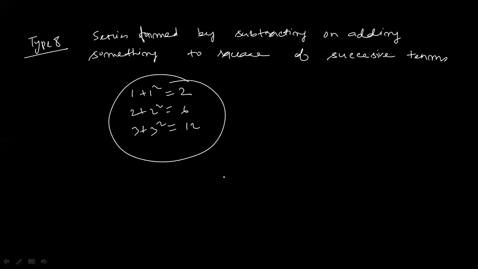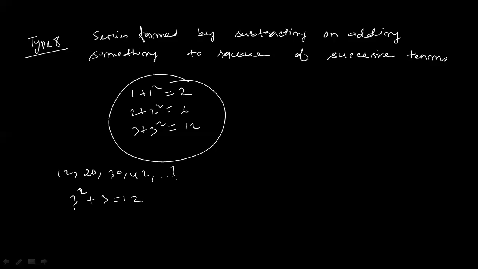So let me take one example. Suppose 12, then 20, then 30, then 42. You have to find the next number. Now if you look at the series 12, 20, 30, 42, you first apply square. Suppose 3 square is 9, then 9 plus 3 will be 12.